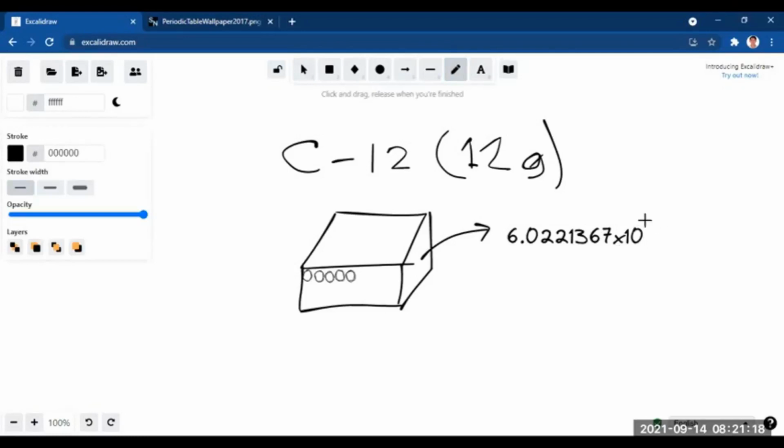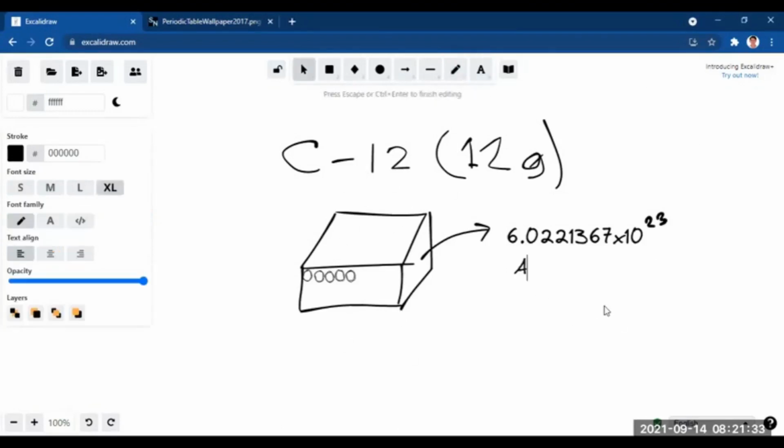This is the number of particles found in 12 grams of carbon-12, and they call this Avogadro's number.